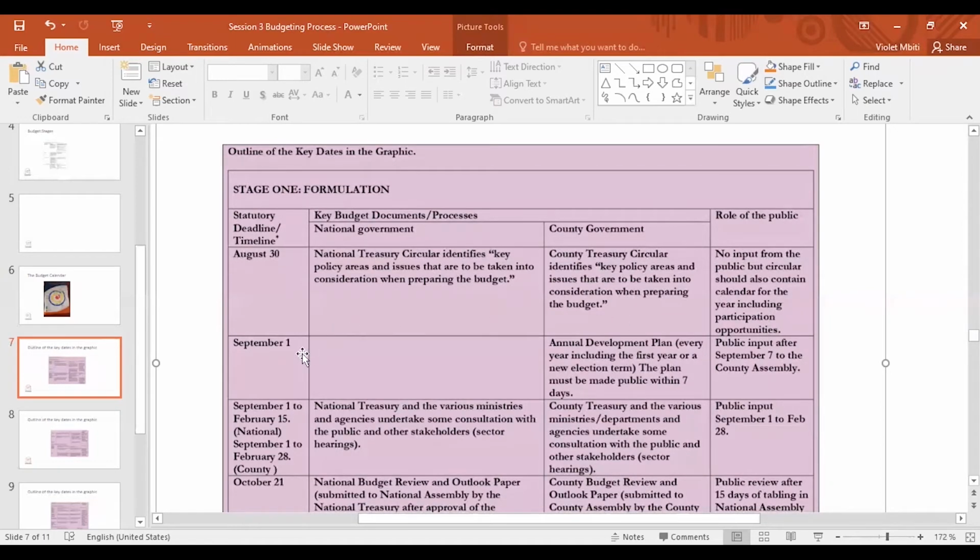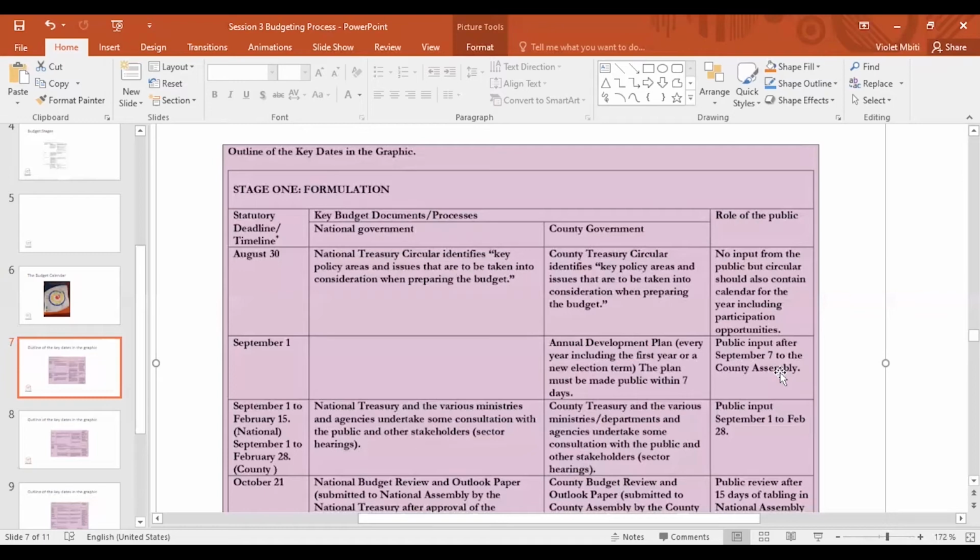Okay? September 1st. At the national level, there's nothing happening at that time, but at the county level, there is the annual development plan, every year, including the first year of a new election term. The plan must be made public within 7 days. So September 1st, it must be made public. So public input after September 7th to the county assembly.